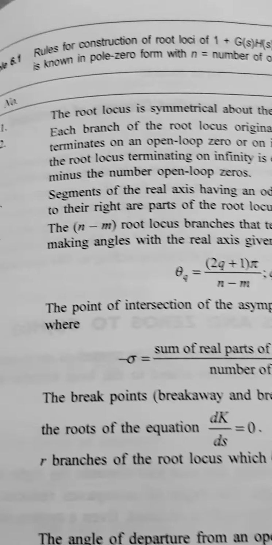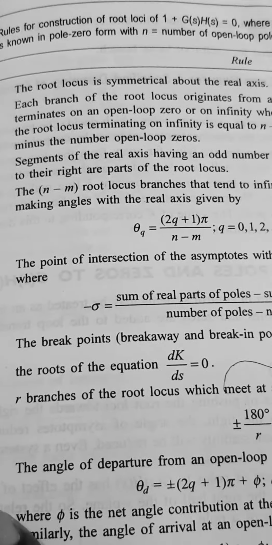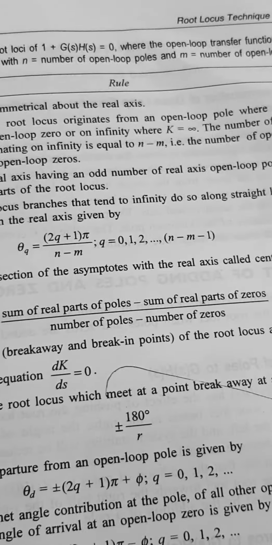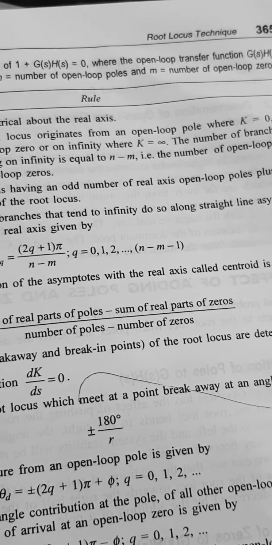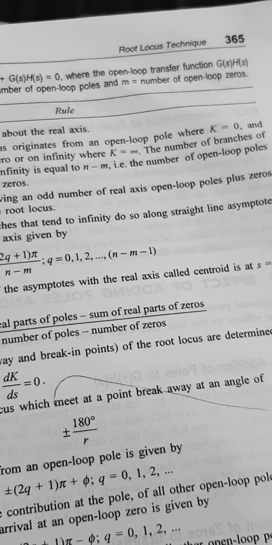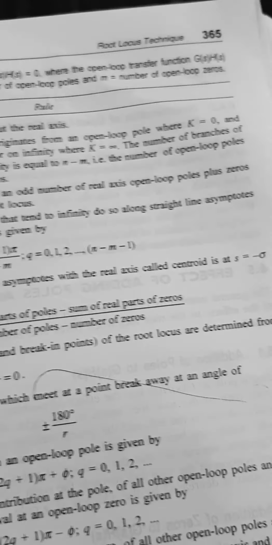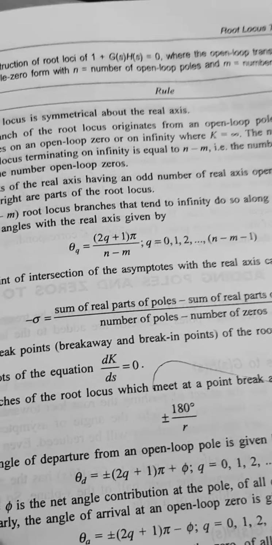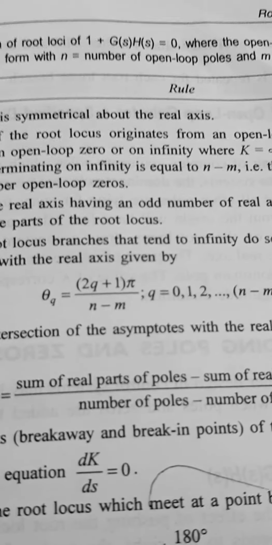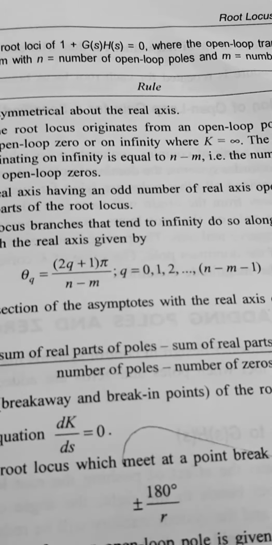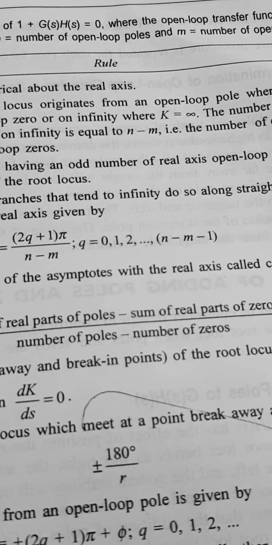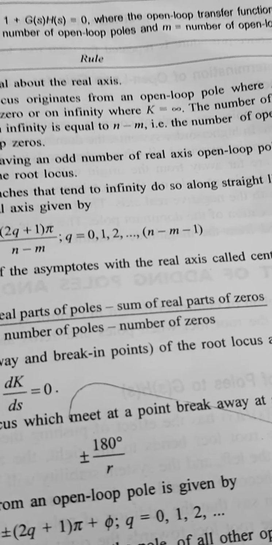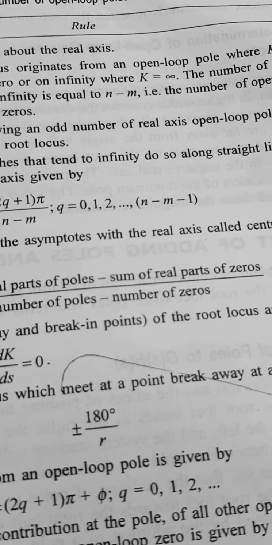And what will be the fourth rule? The n minus m root locus branches that tend to infinity do so along straight line asymptotes, making angles with the real axis given by theta q is equal to (2q plus 1) pi divided by (n minus m), where q varies from 0, 1 till n minus m minus 1.